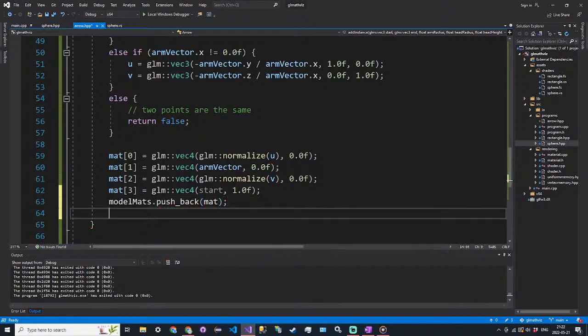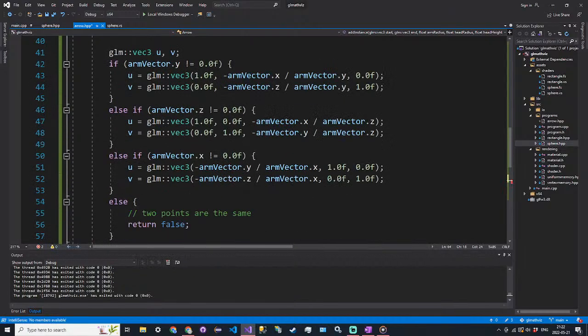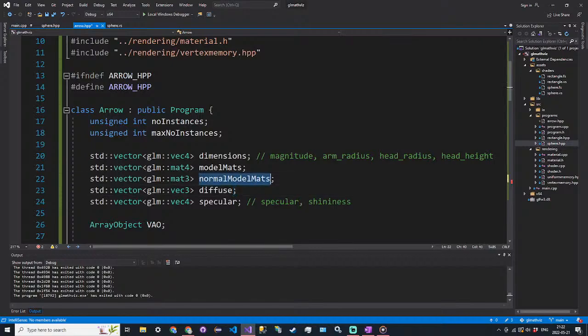And then for the normal matrix, I'm not going to go into depth on the calculation here, but it's essentially the transpose of the inverse of the matrix. So normal mats.pushback, wait, is that a thing? Normal model mats.